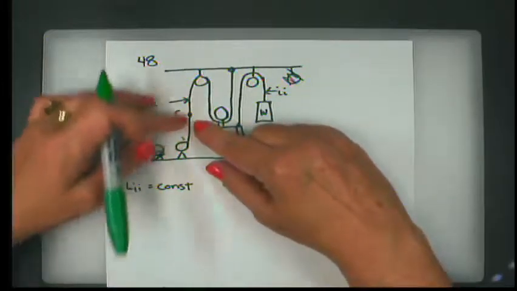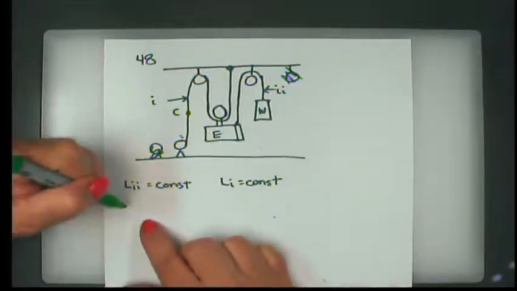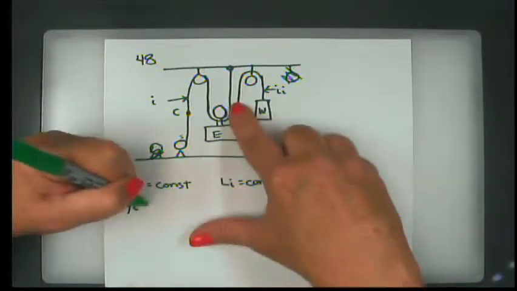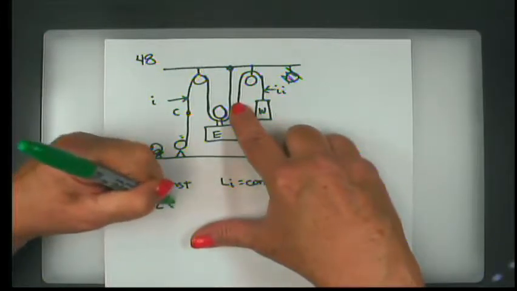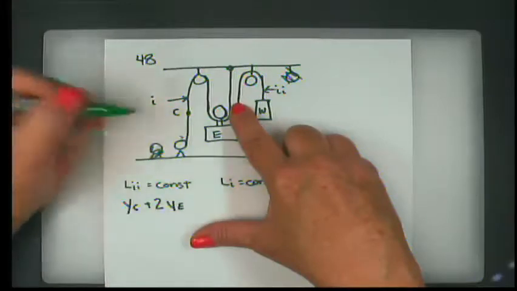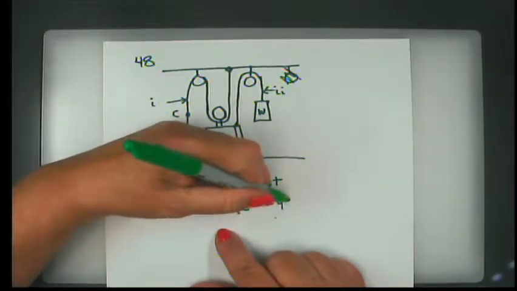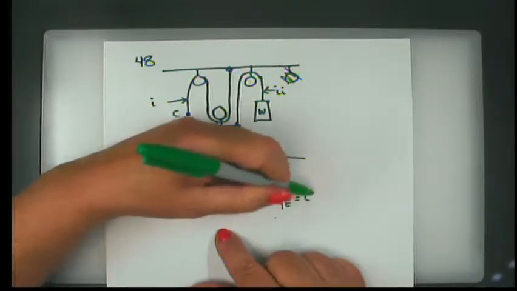So wherever C is, I could say the y to point C plus 2 times the y to point E. Oh, that's my little 1, sorry. y_C plus 2y_E is equal to a constant.